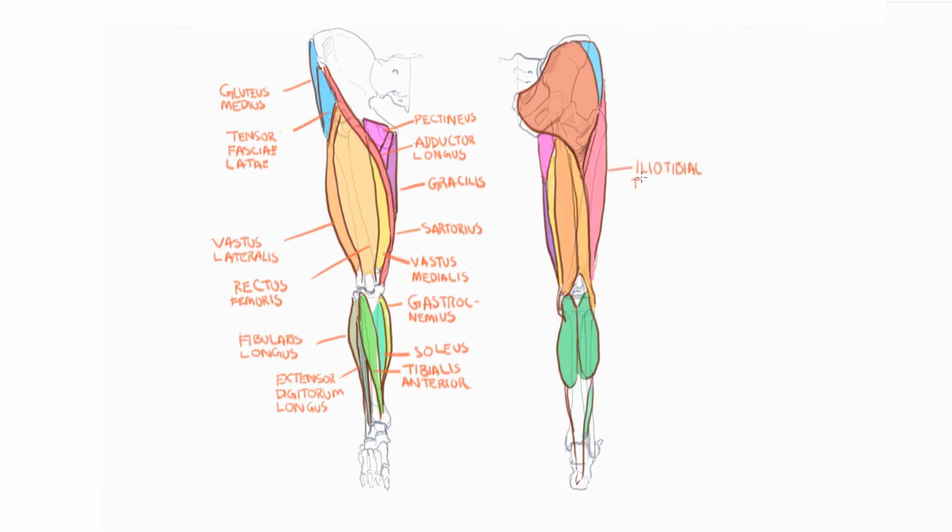Here on the back view, we can see the iliotibial tract in pink, which is that very long tendon that connects from the hip all the way to the lateral epicondyle on the lower femur. We can see the gluteus medius and maximus from this side.